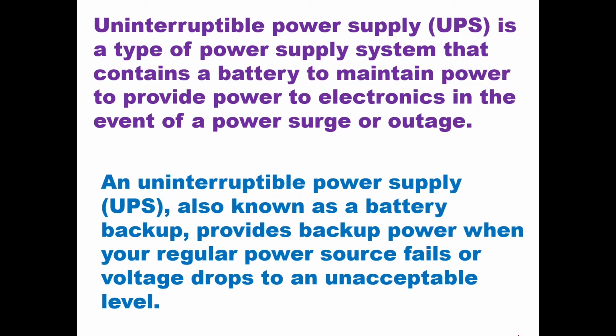UPS will be having a battery, and when the main power fails, the battery supplies the required power to the electronic appliance or electronic system. So the power supply which is given to the electronic system is not interrupted, it is uninterrupted. So it is called uninterruptible power supply.